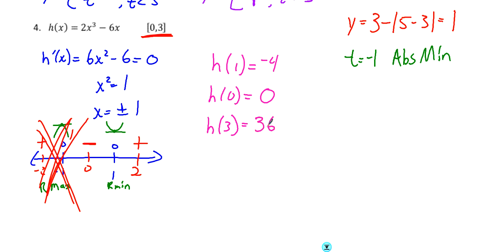You're going to get 54 minus 18, which is 36. Which means that, in fact, that relative min is our absolute minimum. And our endpoint 3, that is our absolute maximum.